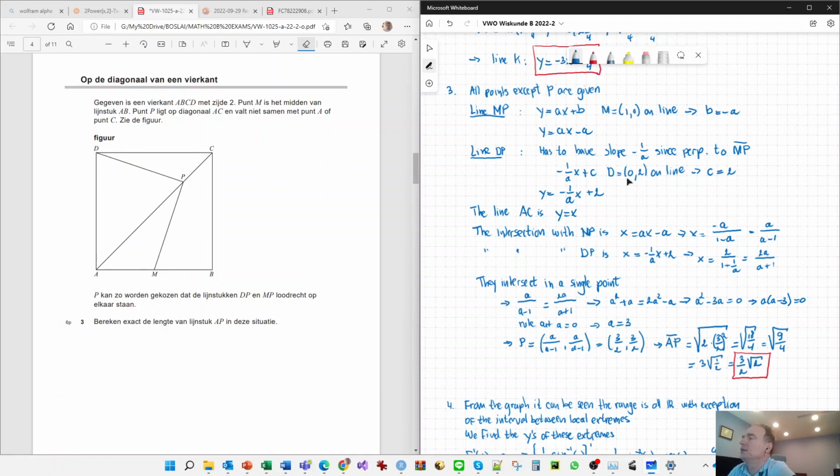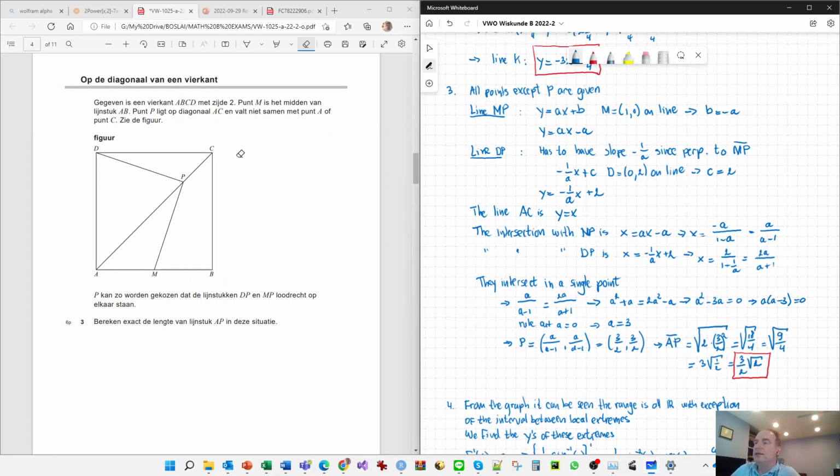So, do the same trick. We demand that point D (0, 2) is on the line, and obviously this is the intercept of the line, at y is 2, so this constant has to be 2. So this is the expression of line DP: y equals minus 1 over a x plus 2.